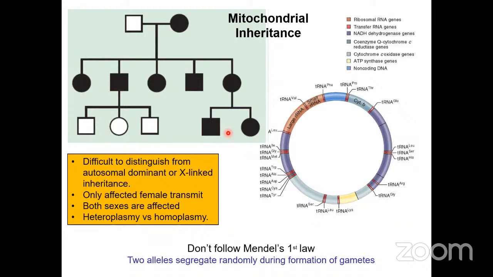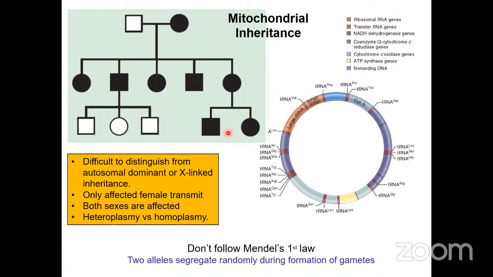If all the mitochondria in that particular cell contain the mutated gene, then it is called homoplasmy. If few of them have a normal mitochondrial gene and few have a mutated mitochondrial gene, then it's called heteroplasmy. Now the manifestation will also depend on the degree of heteroplasmy.